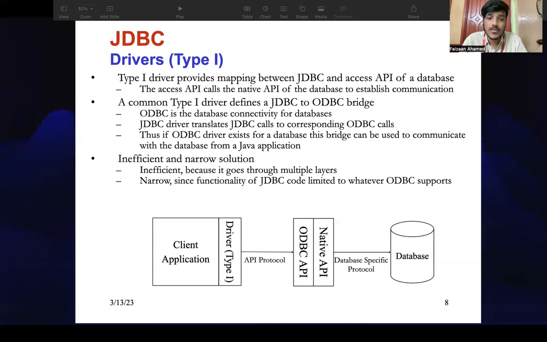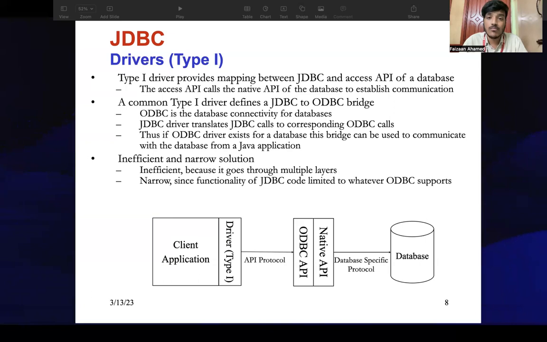ODBC is the database connectivity for databases. The JDBC driver translates JDBC calls to corresponding ODBC calls. Thus, if an ODBC driver exists for a database, this bridge can be used to communicate with the database from a Java application.